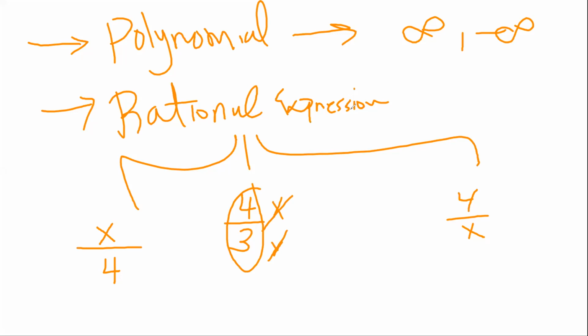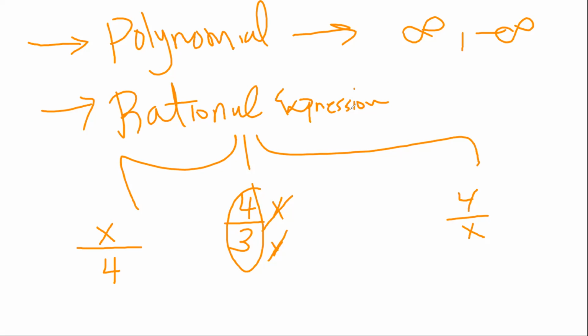Like number 3, we have 3x over 2x. After I simplify it, I have only 3 over 2. So if we have x in both the numerator and denominator, they cancel each other, so the answer is a number.